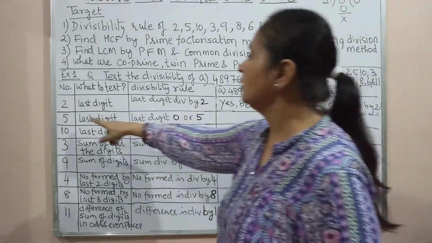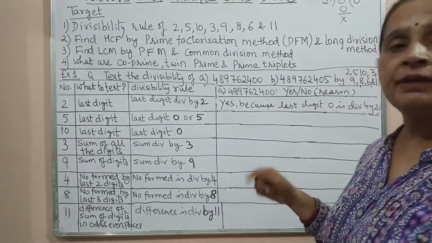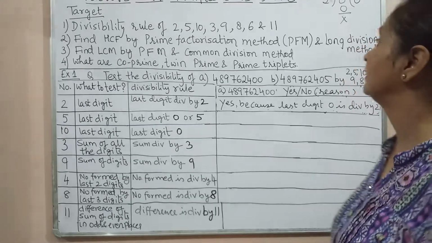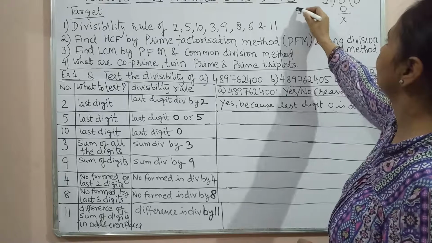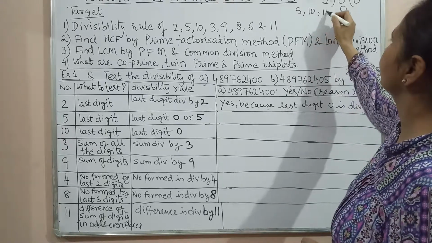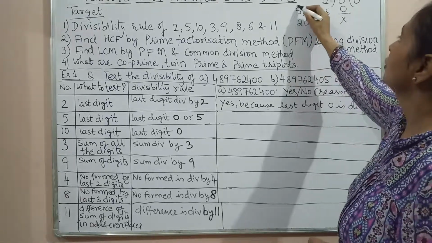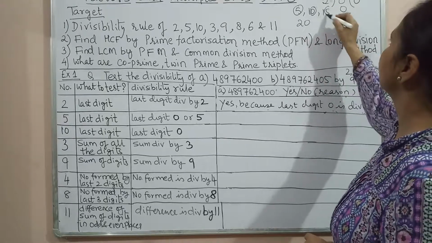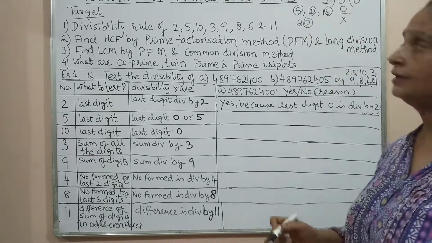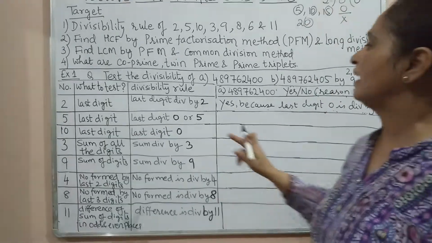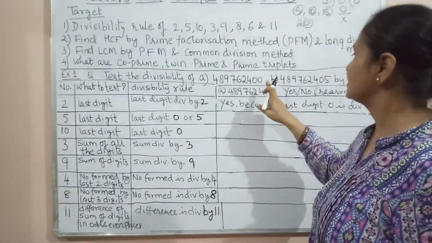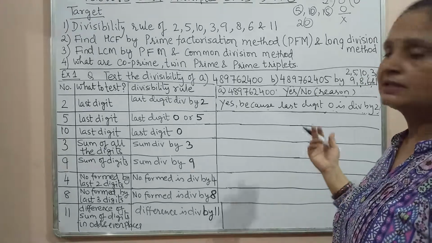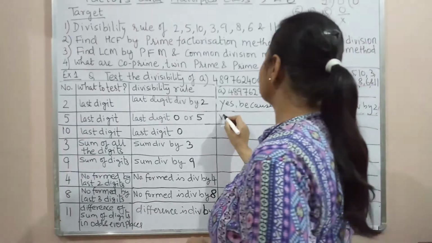Now let us see for 5. 5 के लिए भी हमें सिर्फ लास्ट डिजिट देखना है. लास्ट डिजिट आप देखो 5 के टेबल में, you get 5 1s are 5, 5 2s are 10, 5 3s are 15, 5 4s are 20. तो आपने देखा लास्ट डिजिट हमेशा या तो 0 आता है या 5 आता है. So what we have to do? We have to check the last digit and we find that the last digit is 0. That means the number is divisible.